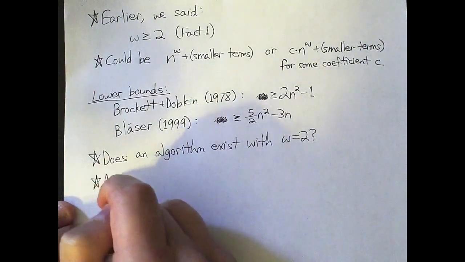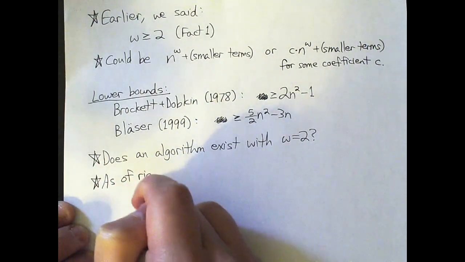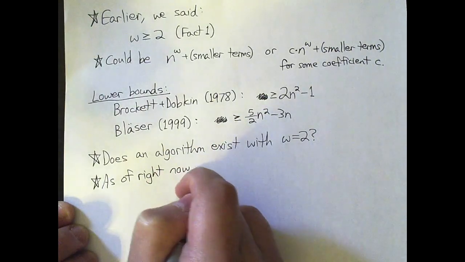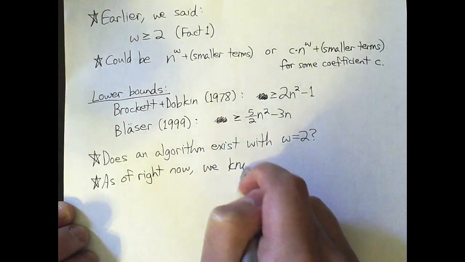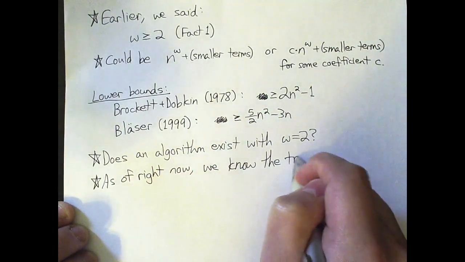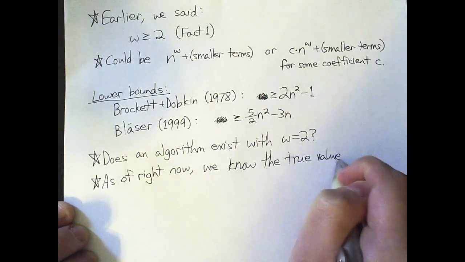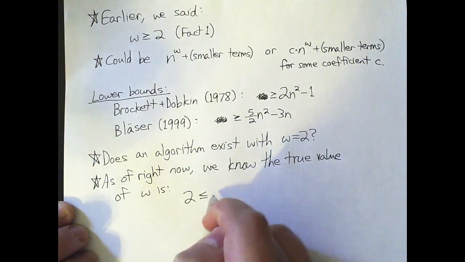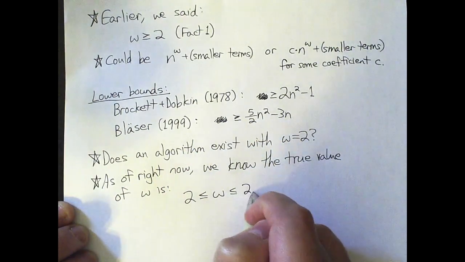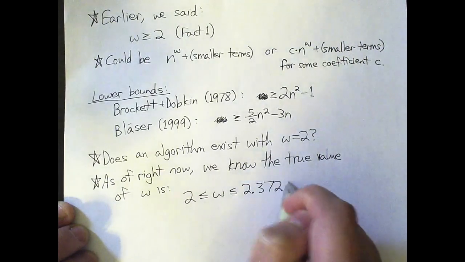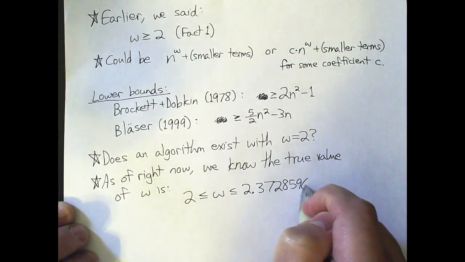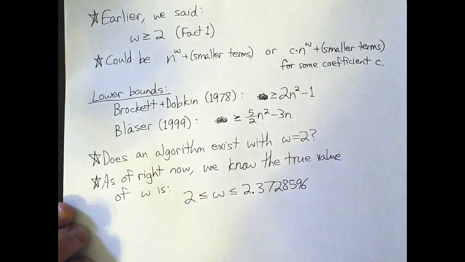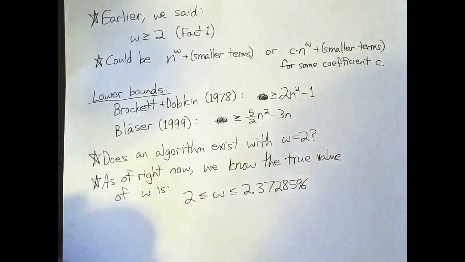Well, as of right now, we just know that the true value of omega is somewhere between 2 and 2.3728596 from that method from Ullman and Williams.